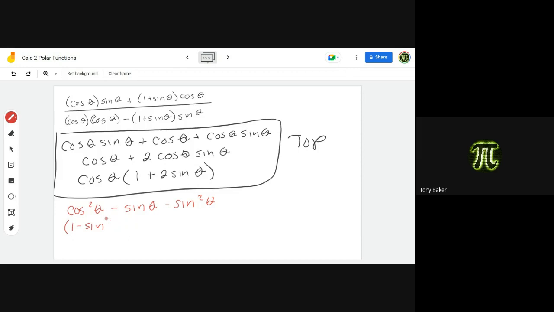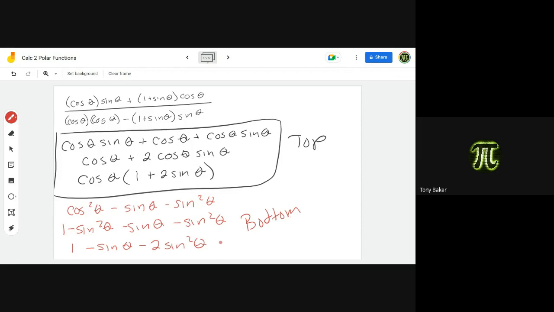So I have 1 minus sine squared θ minus sine θ minus sine squared θ, which comes to 1 minus sine θ minus 2 sine squared θ. And that's my bottom.